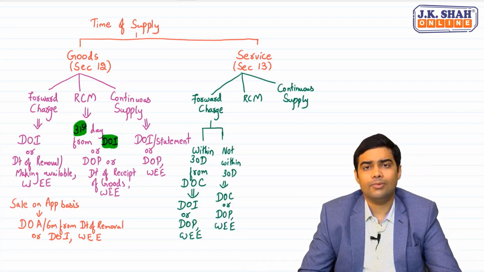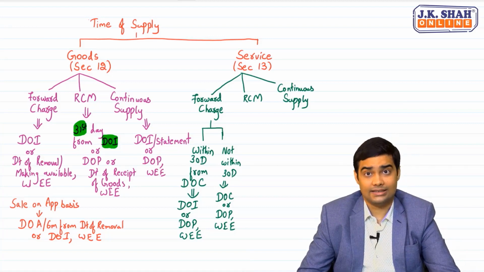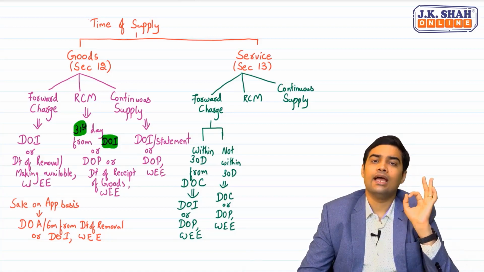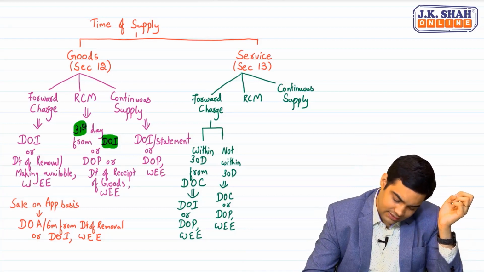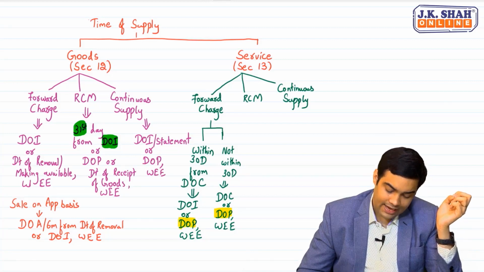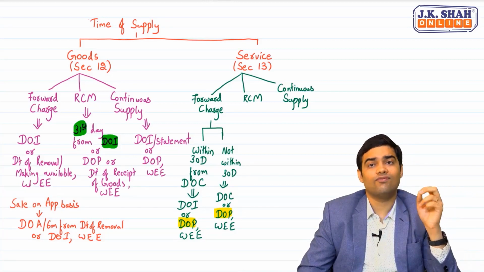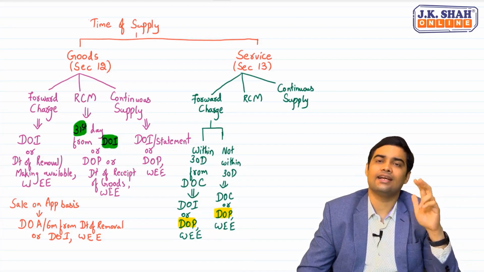Again, remember one thing, if there are part payments, then there would be multiple times of supply. Plus, two key points. Whenever you are under forward charge, what is the meaning of this term date of payment? It would be entry in the books of the supplier or credit in bank of supplier, whichever is earlier.